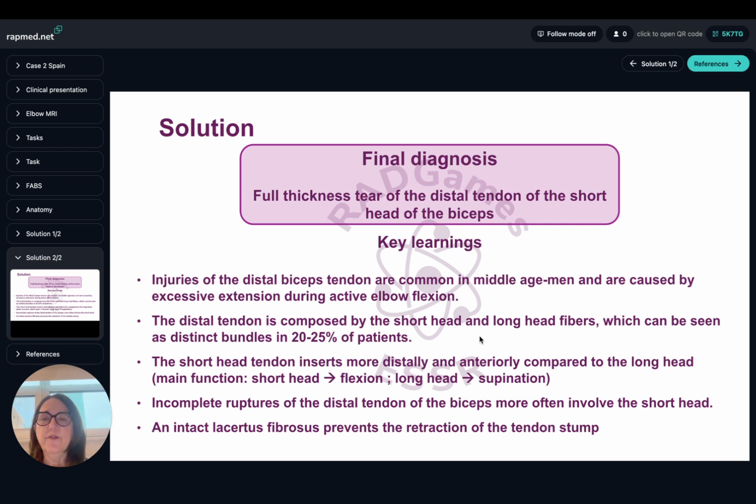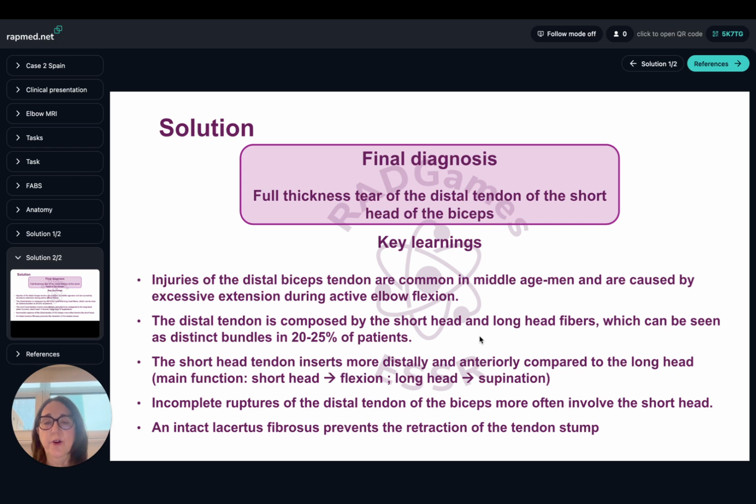The short head of the biceps tendon inserts more distally and anterior compared to the long head, and its function is flexion, whereas the long head's is supination.